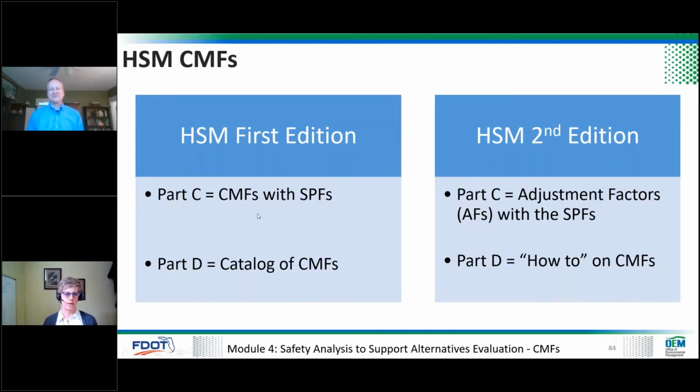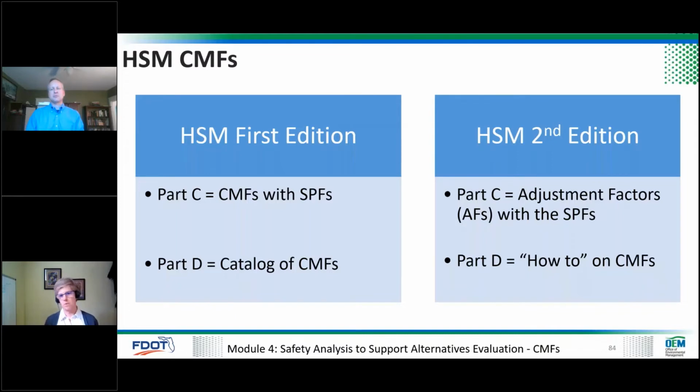The other thing I didn't mention that's critical is there's a difference in the current edition of the Highway Safety Manual between the CMFs in Part C and the CMFs in Part D. The CMFs in Part C are specific to those safety performance equations that you see in Part C, and we'll talk about this a little bit more tomorrow.